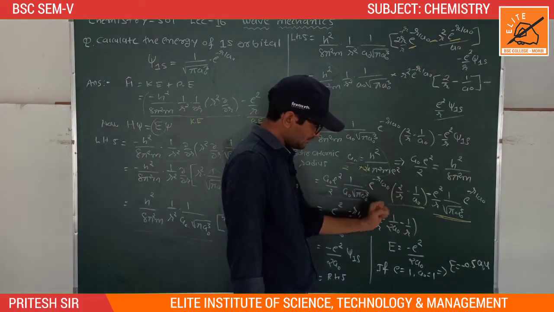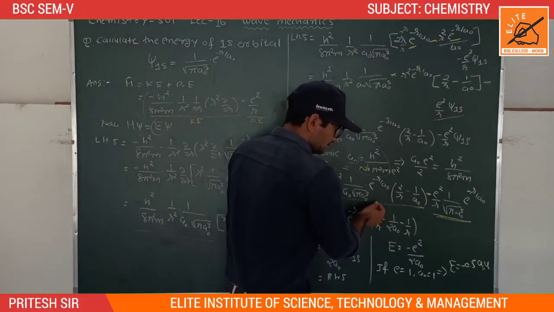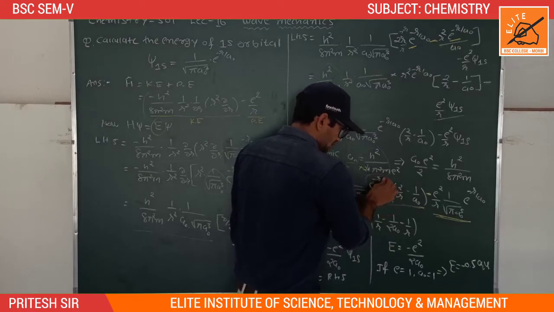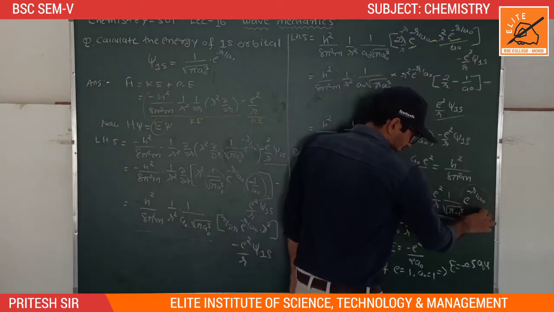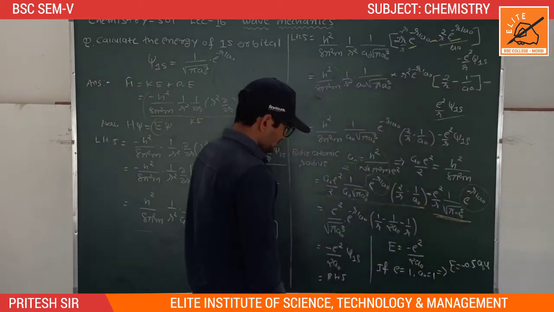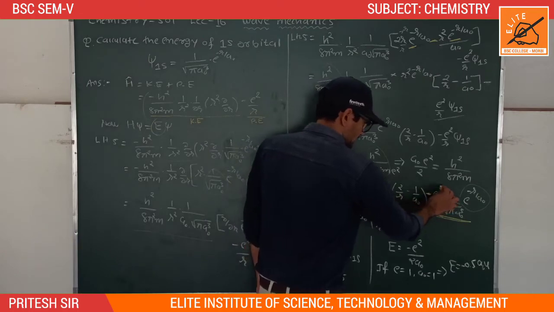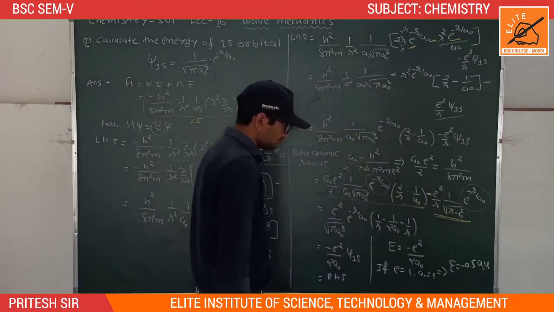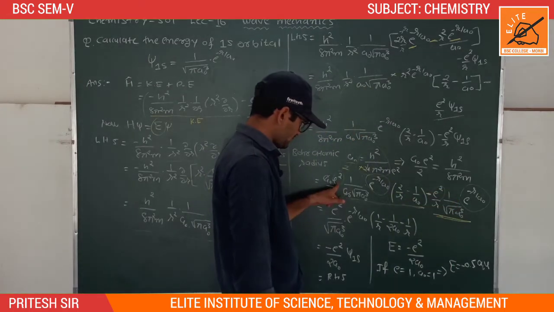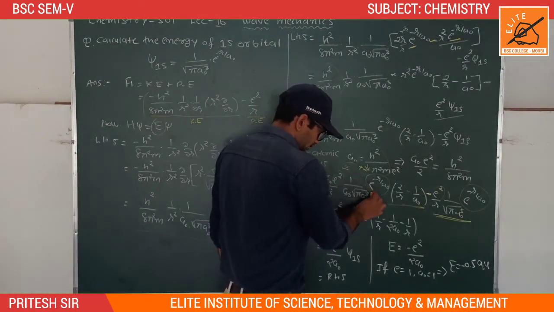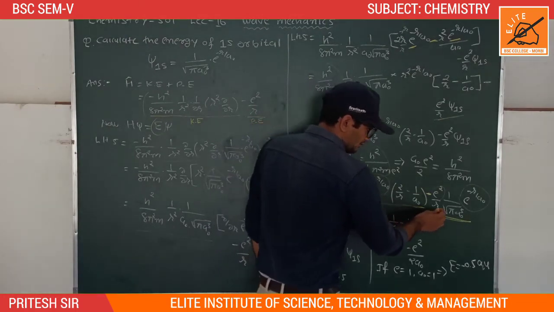First one is e to the power minus r upon a0. Here h square and a0 cancel, e square is also common, and 1 upon under root pi a0 is also common.